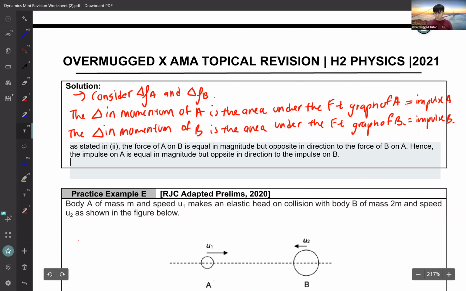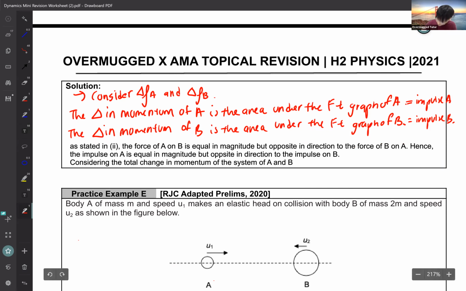Okay? So, considering the total change in momentum of the system of A and B, total change in momentum. I'll write out the last statement in my handwriting.